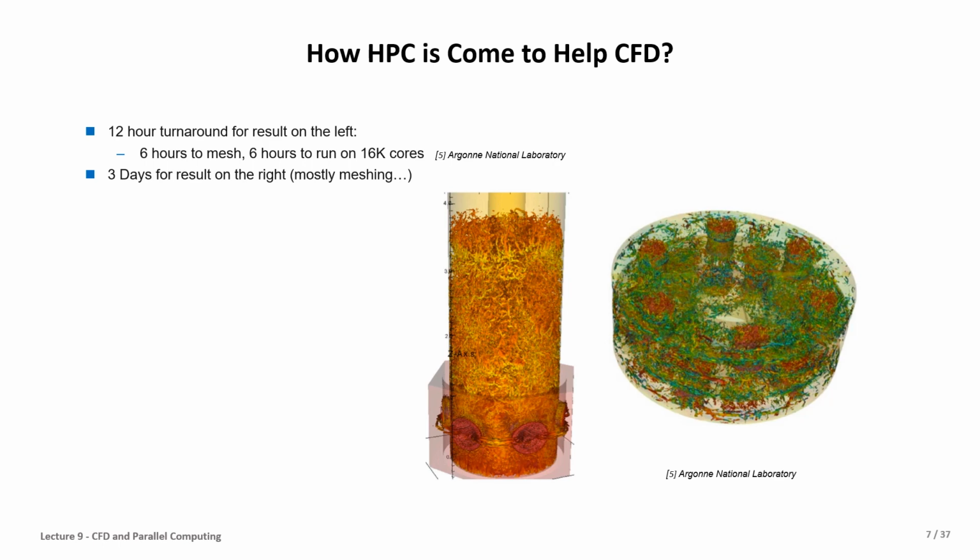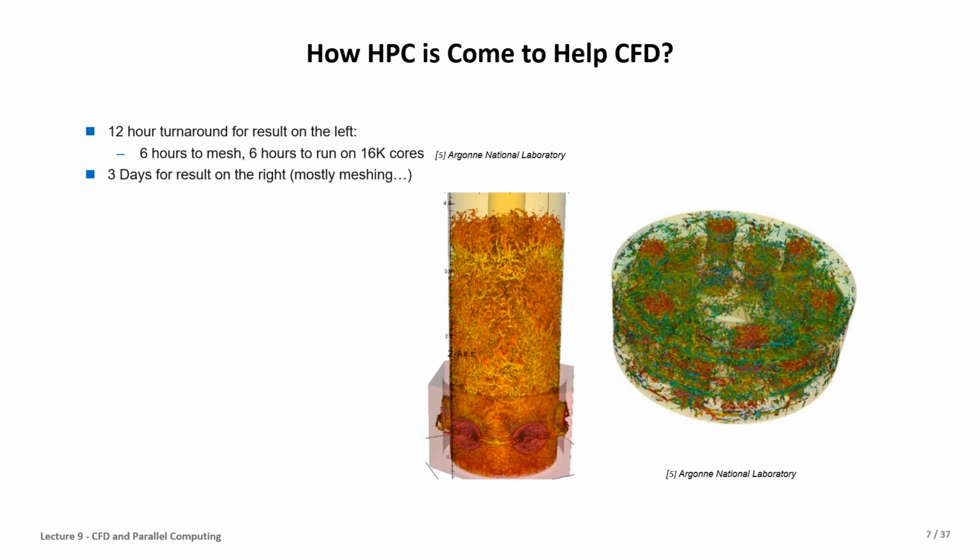In this simulation, the left side model takes 12 hours, with 6 hours to mesh and 6 hours to run with 16,000 cores. The right hand side simulation with similar setups takes 3 days to get the result, which mostly is spent on meshing. So from this computing time with this number of cores, we can recognize how essential parallel computing and HPC are.